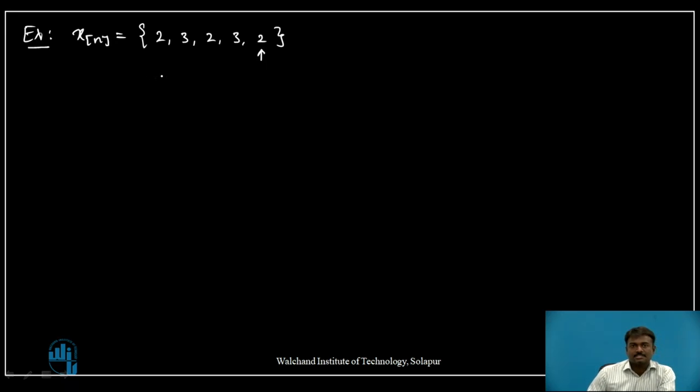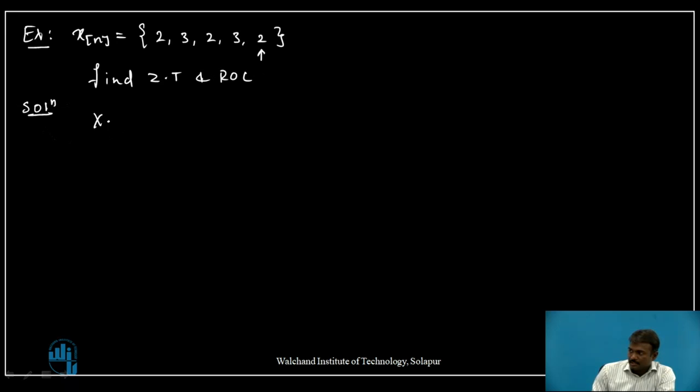Now, let us consider one more example where the finite duration sequence x(n) is equal to 2, 3, 2, 3, 2. Here the arrow mark is given at the last sample. Find the Z transform and ROC.